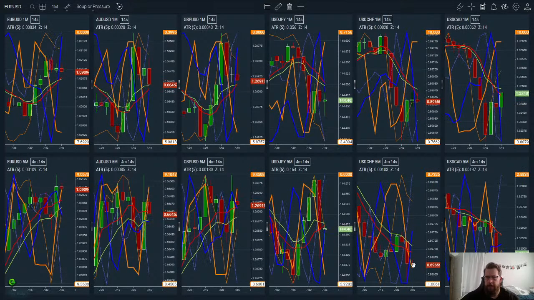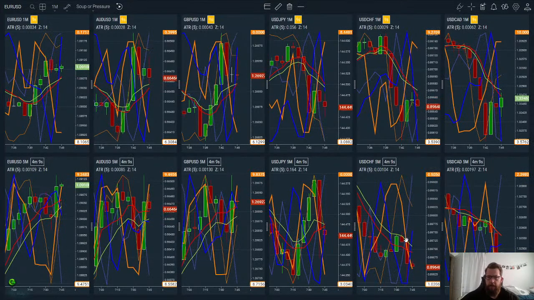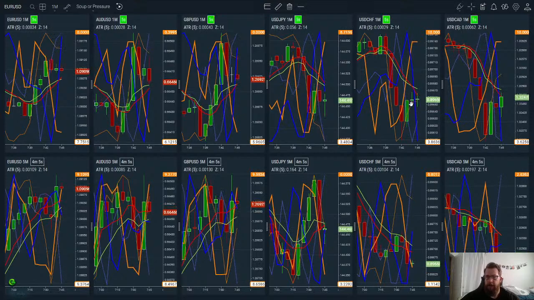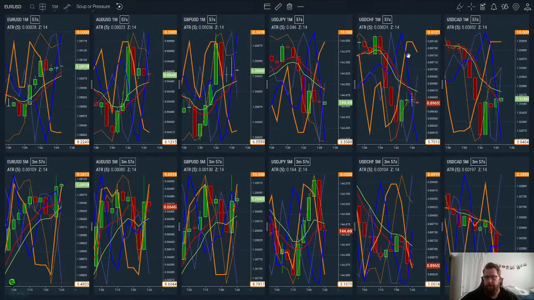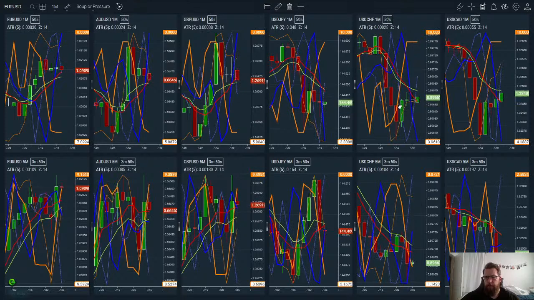This actually did close below the bodies of the previous candles. We could look at dropping the chief again if we get a good bar here. This actually looks really good for a short opportunity.